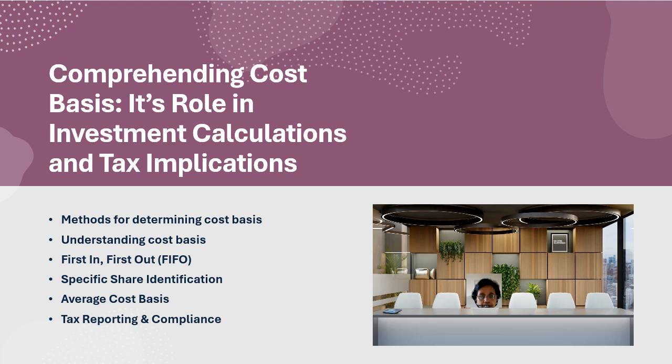When you make an investment, the IRS instructs you to report any profit or loss. To do this, you must compare your selling price to your cost basis, the amount you initially invested. This process is similar to how a retailer calculates profits by subtracting the cost of goods sold from the sales revenue.